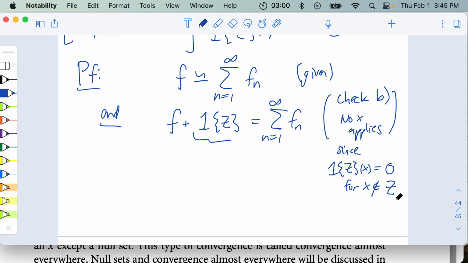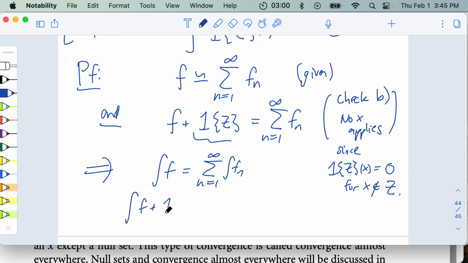Okay. All right. And then we had a theorem that said if you have a function which is equal to the sum, then the integral is just the sum of the integrals. So therefore, the integral of f equals the sum of the integrals of the fn's, and the integral of f plus 1Z is also the sum of the integrals of the fn's.